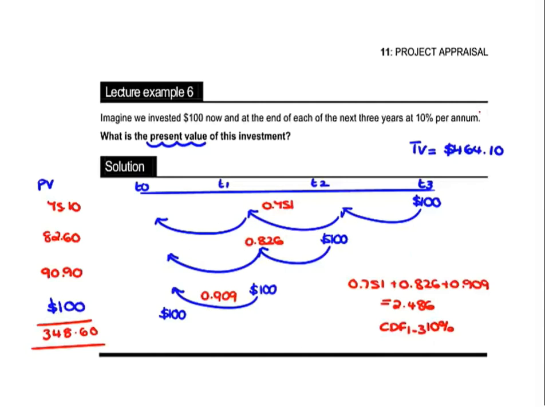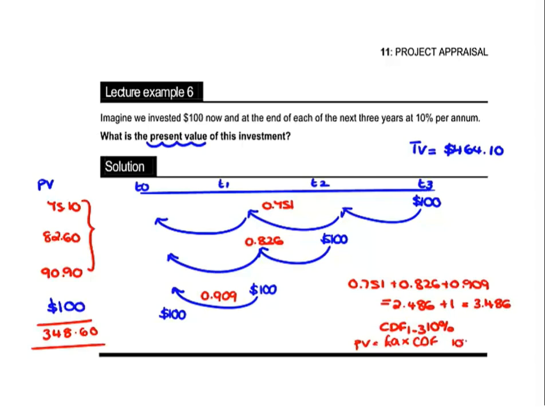So how are we going to apply the cumulative discount factor to lecture example 6? Well, we've got the cumulative discount factor, which is going to cover off the investments made at years 1, 2 and 3, but we need to add 1 to it because there's also an amount that is being paid immediately and has a present value of 100. So our cumulative discount factor here will be 3.486, and to get our present value, it's equal to the annuity times by the cumulative discount factor.